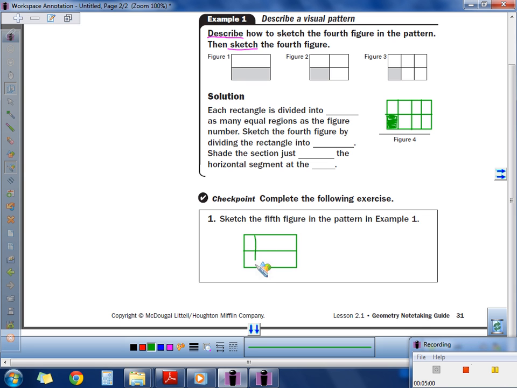So, 1, 2, 3, 4 vertical lines. Oops, I didn't go down all the way, but I think you get the idea. And shade in the bottom left region. I'd say the most difficult part of this type of problem is the description. It's kind of hard to describe sometimes, so we'll be practicing that.